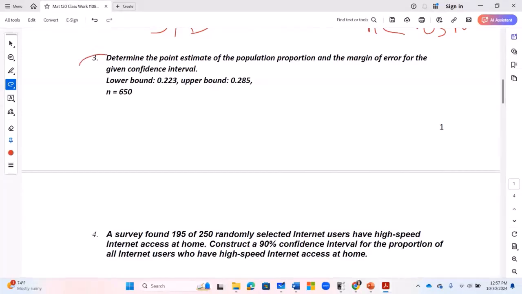So this question here is on population proportion. And the margin of error. So we already said that if I draw a number line and I know the upper bound of a confidence interval for proportion, the upper bound is 0.285, the lower bound is 0.223.